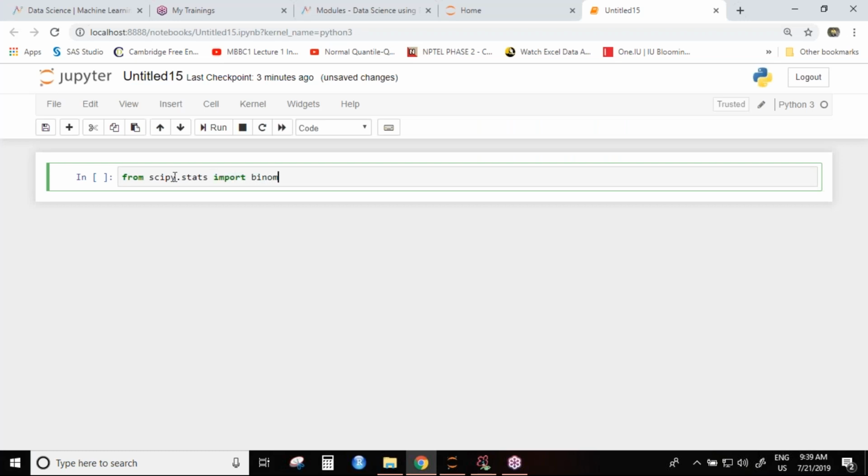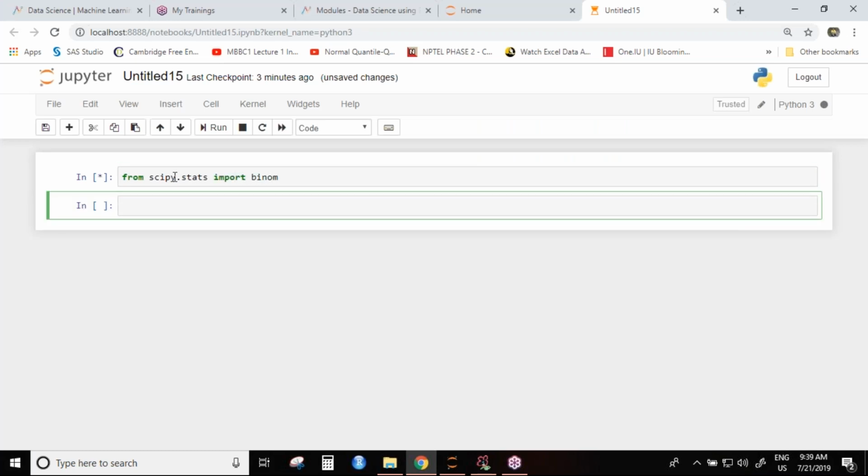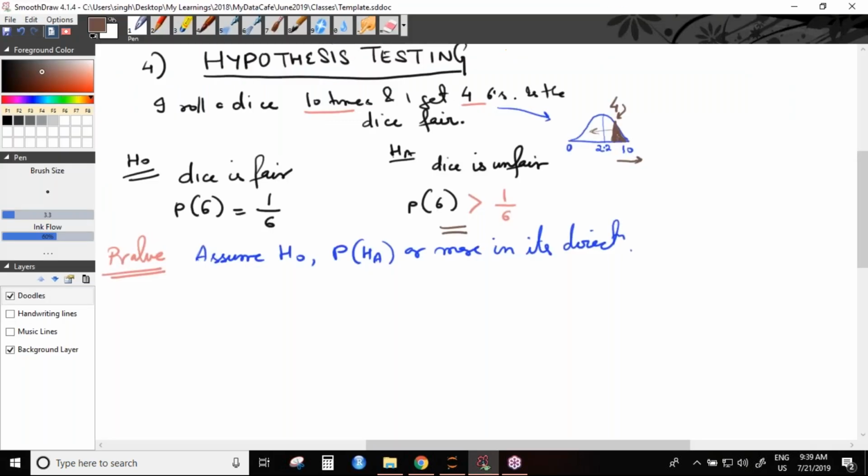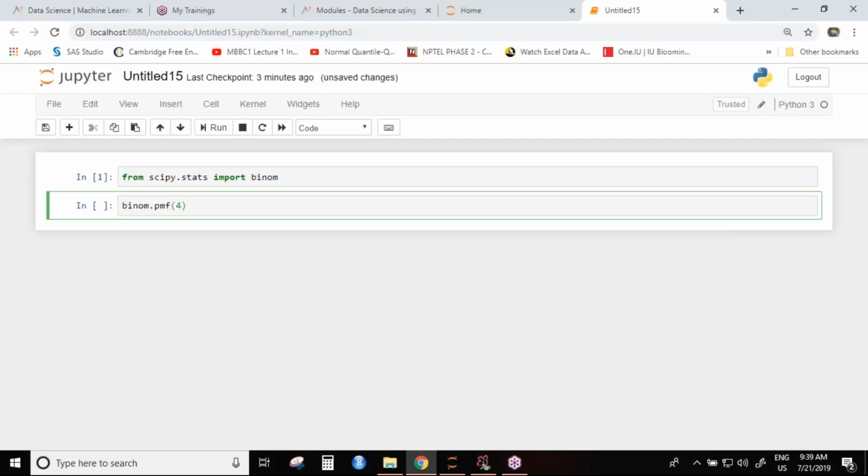Import the binom function first, and then I will use binom dot probability mass function. I'll give the value of r. R here is 4 or more, so let me do it for 4 first.